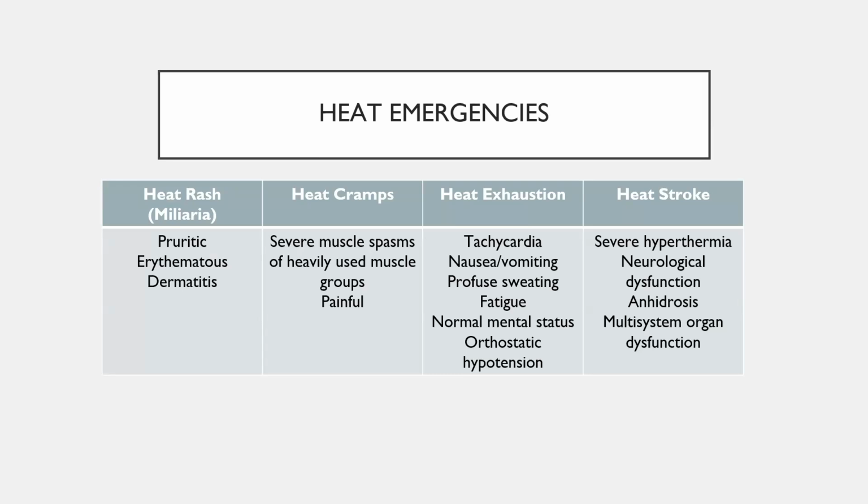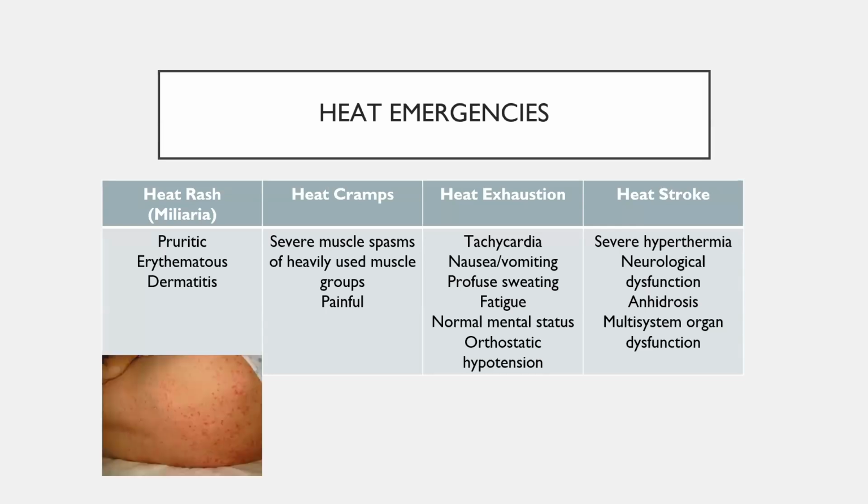The most benign is just a heat rash. This is going to be a pruritic erythematous dermatitis. The sweat glands become a little inflamed. They turn into vesicles and might burst. And this is just a little picture of what it might look like. Then there's heat cramps. Heat cramps are when large muscle groups start spasming and can be extremely painful.